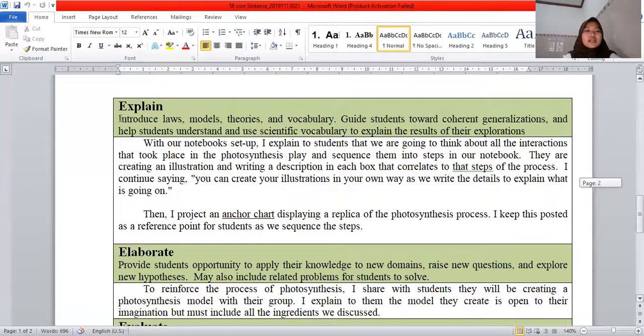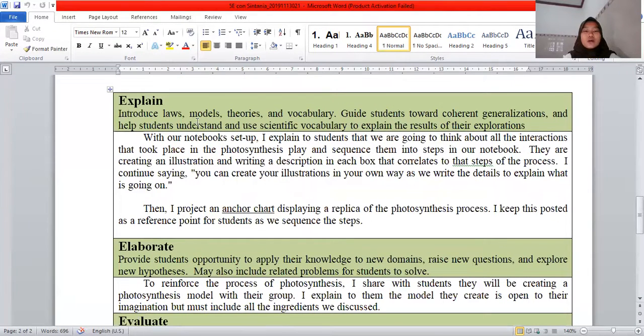For explain, introduce laws, models, theories, and vocabulary, guide students toward coherent generalization, and help students understand and use scientific vocabulary to explain the results of their exploration.